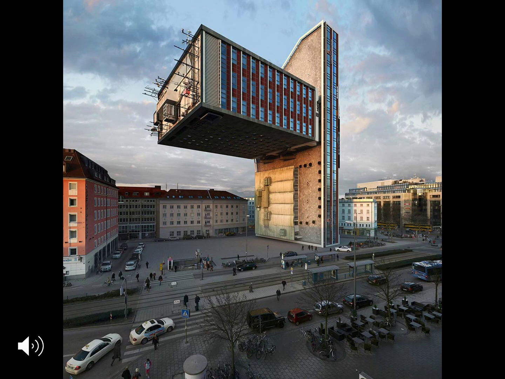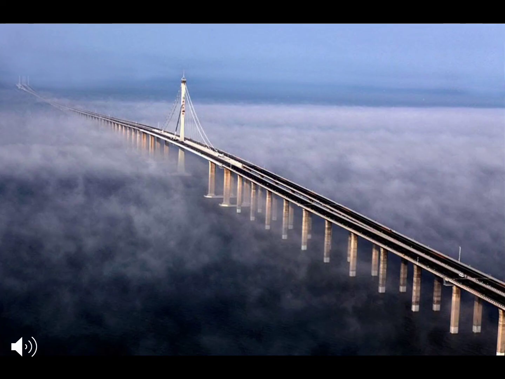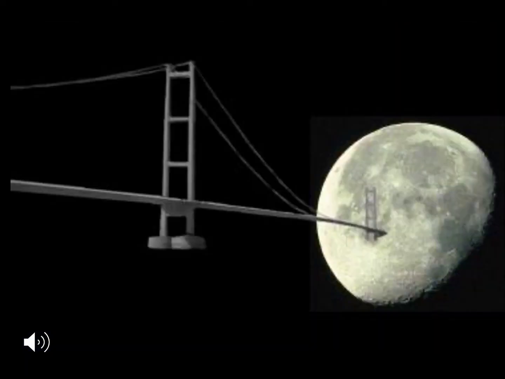A number of architects have used this technique of the impossible project to design bits of architecture that would be impossible to build, but still has the suggestibility of maybe being possible. This would be an example of a bridge that crosses the Atlantic Ocean. Here we have a bridge that actually made it all the way to the moon.